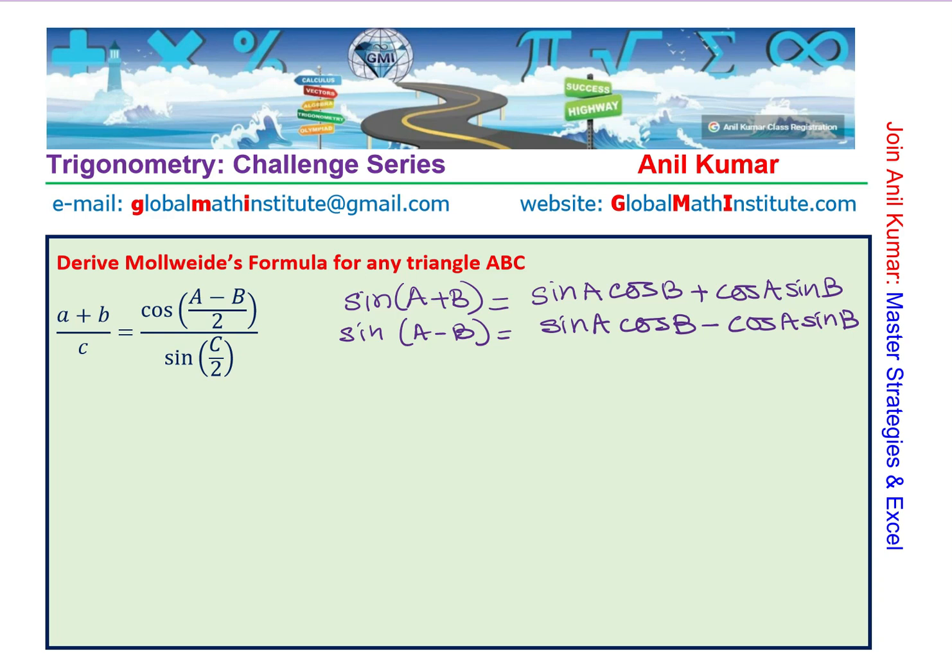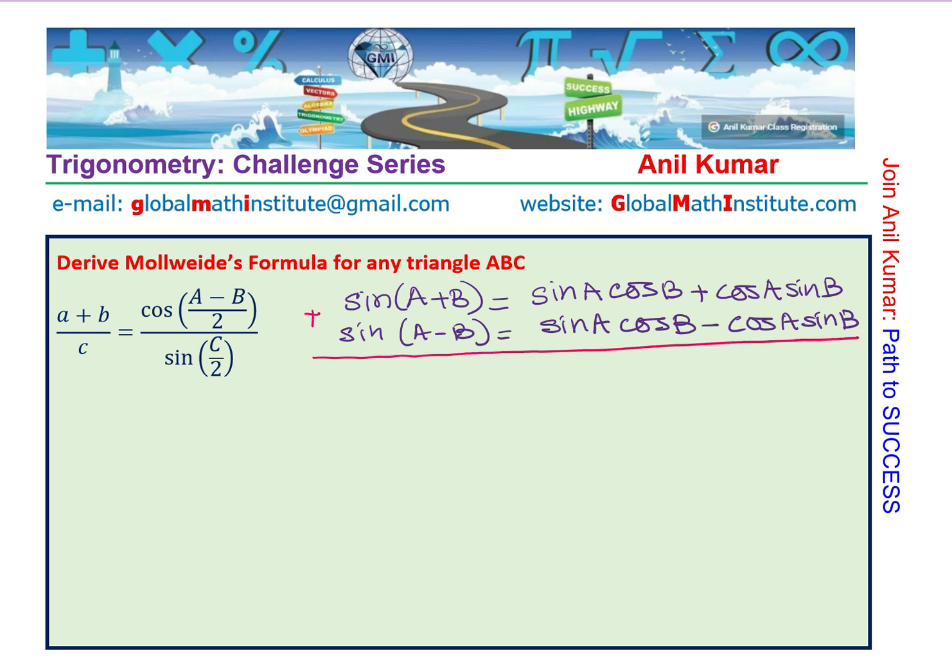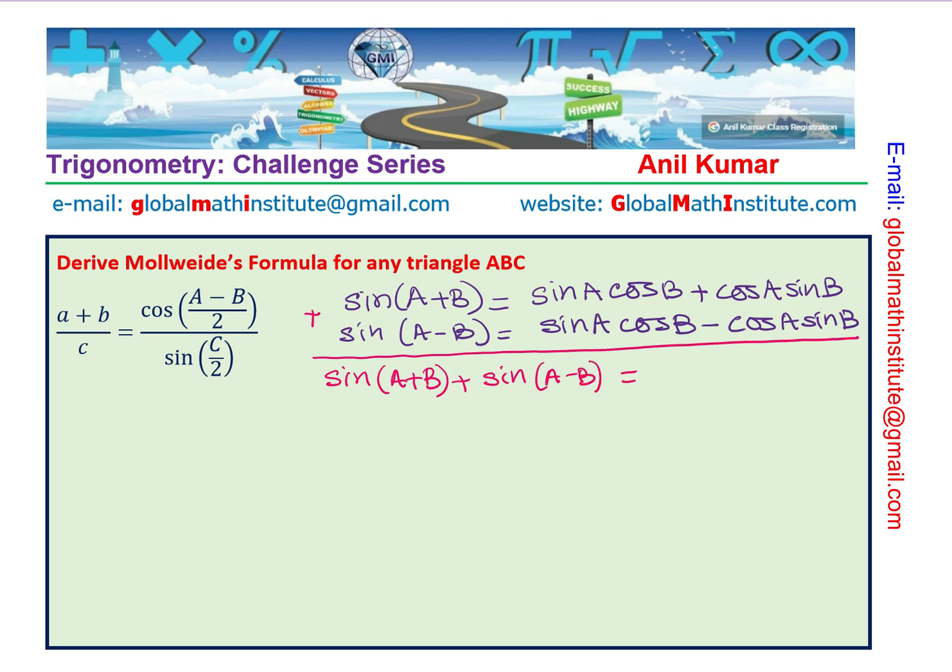Now, if we add them up, what do we get? We get sine of (A plus B) plus sine of (A minus B) equals, these terms cancel when you add, and so you get 2 sine A cos B.